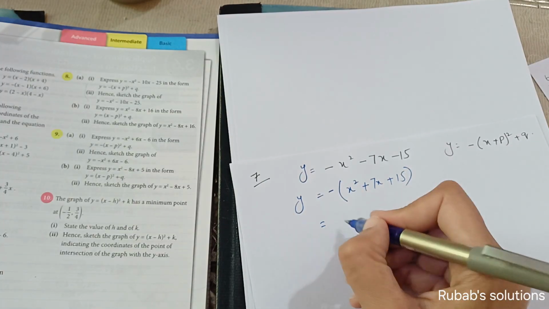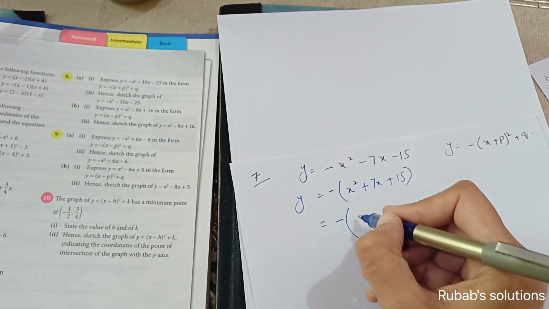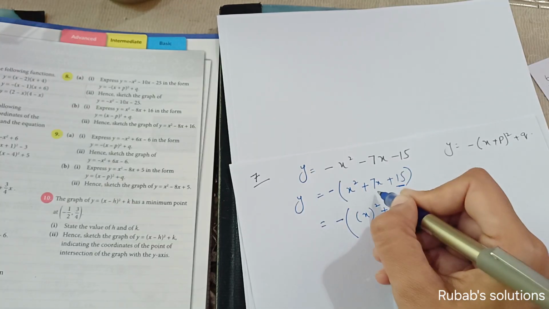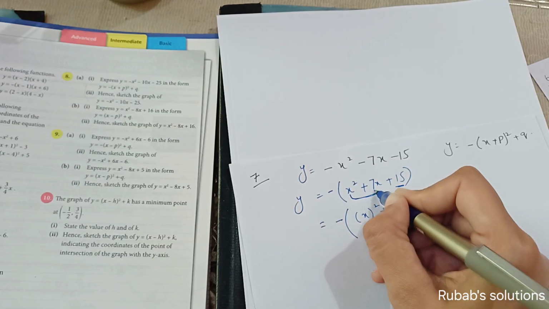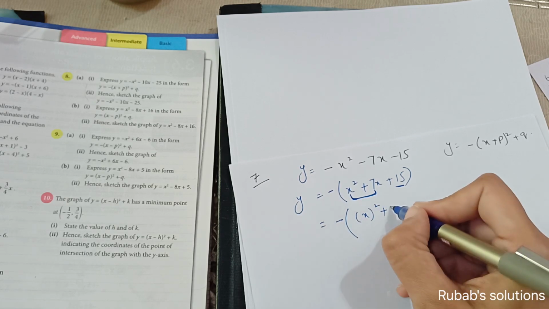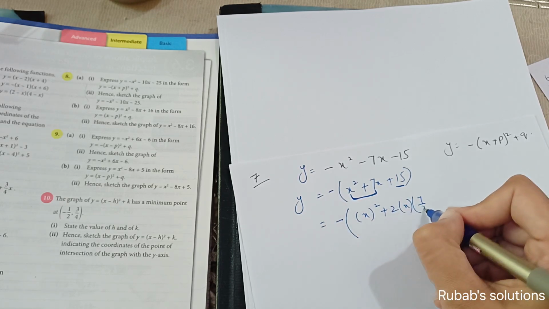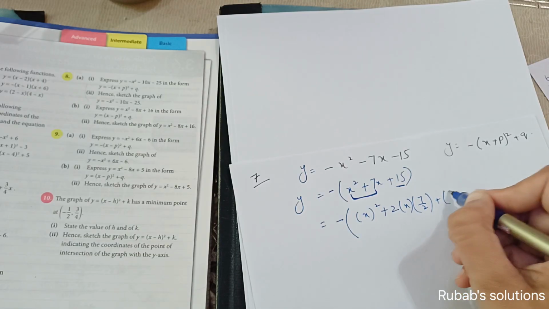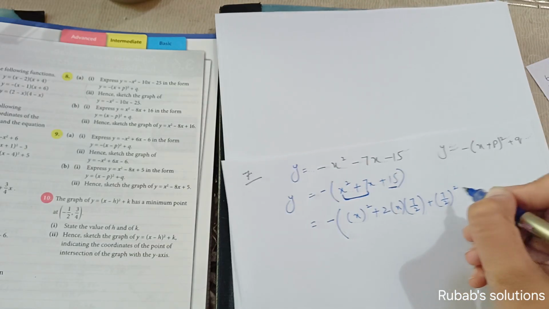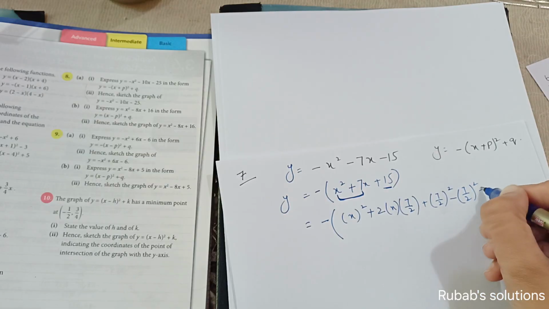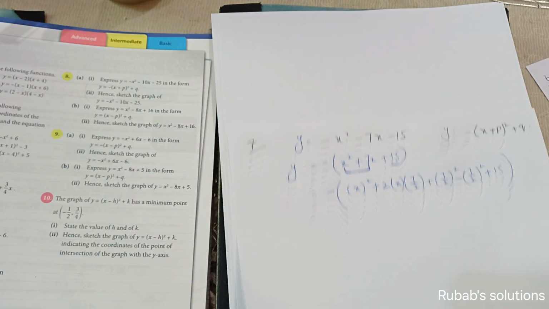Now move further for the completing square method. It will become a square plus 2ab. We will apply the completing square method using these terms. 2 into a into b will be equal to 7 by 2. So that means 7 by 2 I have to square, I have to add, and I have to subtract the same thing with 15 as well.